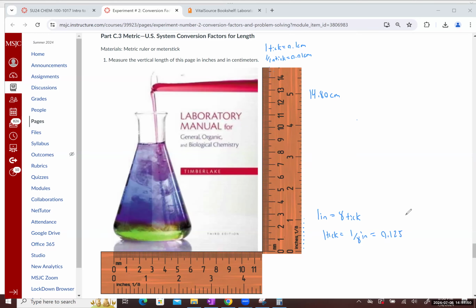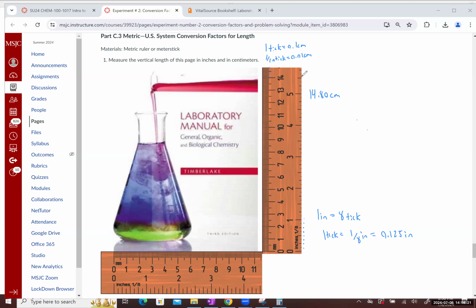So 1 tick is 0.125 inches. Now this is a little bit more precise than what these tick marks are actually representing, but we're going to err on the side of caution and over-report digits, so that we don't lose significant figures when we try to calculate our conversion factor.